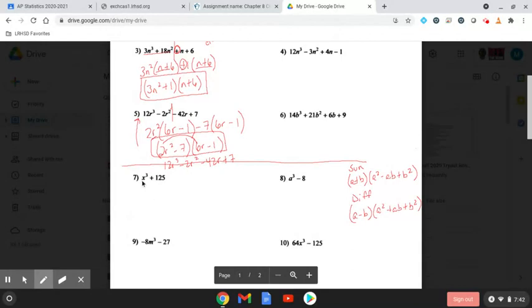So think of the cube root of each. And if you want to assign A equals and B equals, that works. Like A equals X and B would be 5. I've seen students do that each year. And then they go into the formula and substitute them in. But where I got those numbers was the cube root of each.